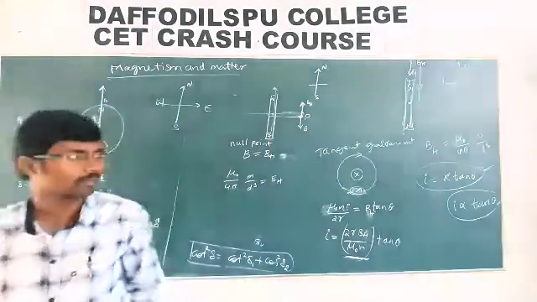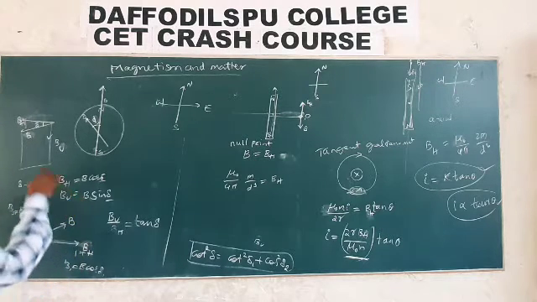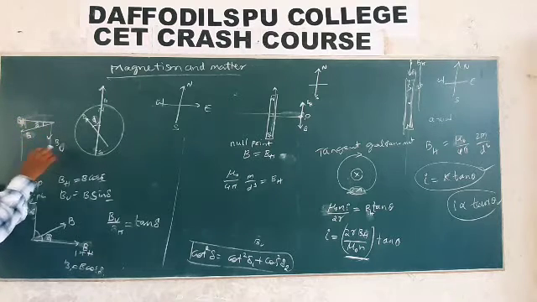And what about the terrestrial magnetism? What do you mean by the horizontal component of it? The component of the Earth's magnetic field along the horizontal is BH, and the vertical is BV.